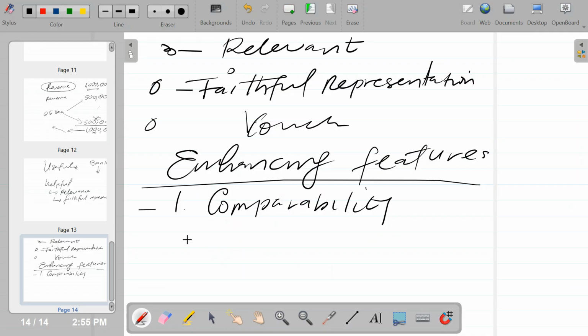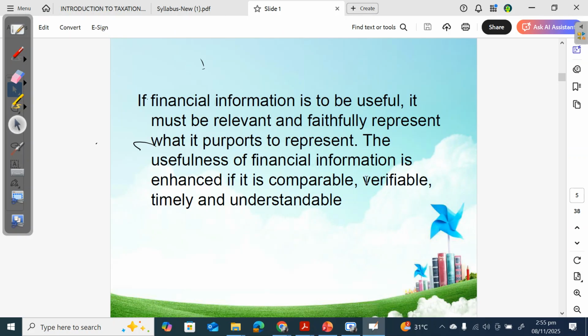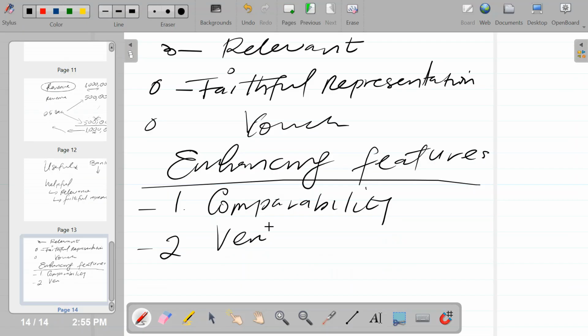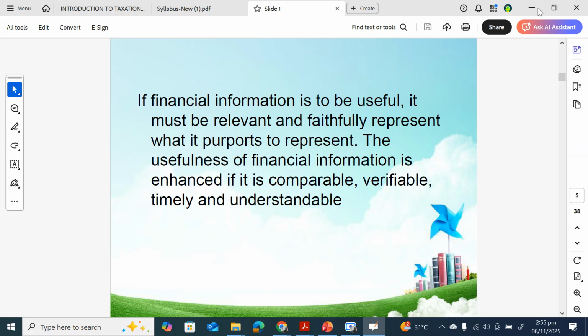So it is helpful. You know, so comparability, verifiability. Whatever you have, we should be able to verify it.